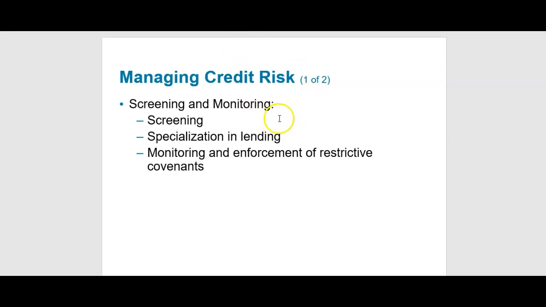So managing credit risk is going to be doing the screening and the monitoring. The screening is to work with adverse selection. The monitoring is to work with the moral hazard part and enforce all of the restrictive covenants. So managing the credit risk and the management of the assets work hand in hand at all times.